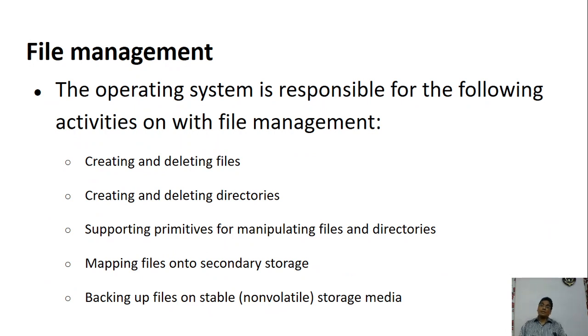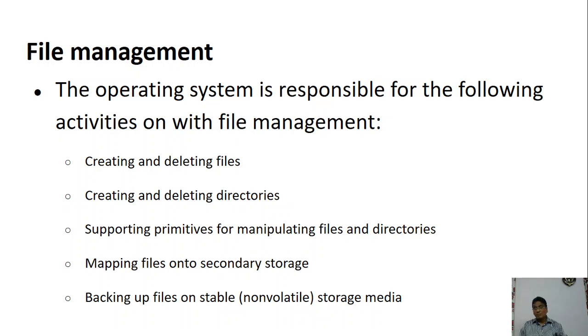So now let's look at what the operating system will do in terms of file management. Operating system is responsible for creating the file and deleting the file. You can create a directory or delete the directory, you can read and write from the files, you can move the files, you can rename the name that you have given to the file, that is, primitives for manipulating the files.